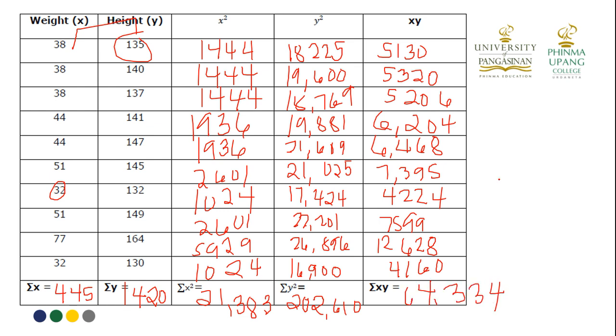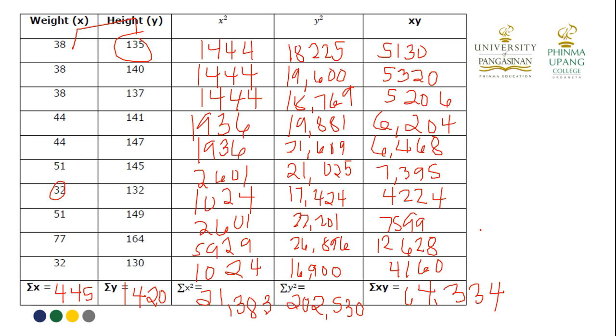Summation of y squared nga. Tama ba yan? 202,610. Please double check. 202,530. Oh, bakit? Iba-iba kayo naman binibigay. Anong susundan natin? 202,610 o 202,530? 202,530 daw. Okay.